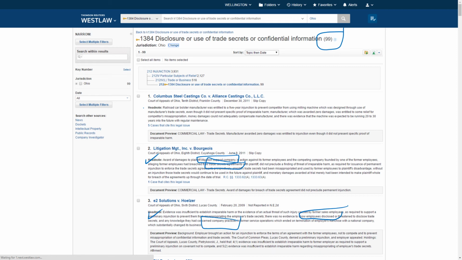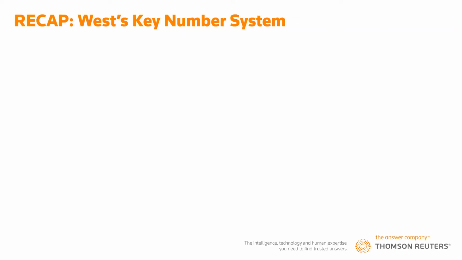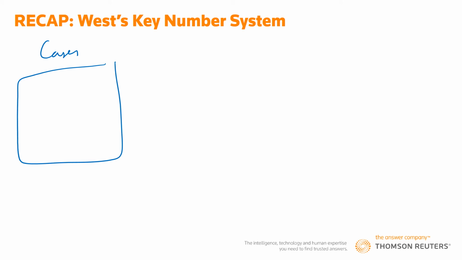Again, from these key numbers, which we can reach in a variety of ways. Let's recap. The West key number system is accessible from cases, right? Because at the top of your West search window, you'll be able to type in the citation for a case or find a case somehow, and you'll have a headnote over here, which summarizes the holding, but then you'll have the key numbers.